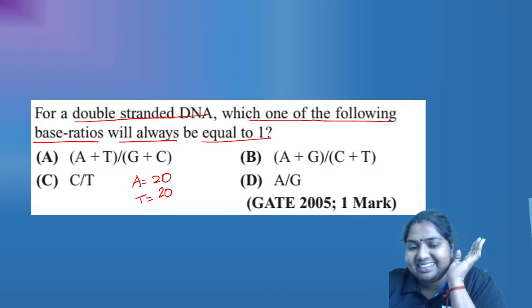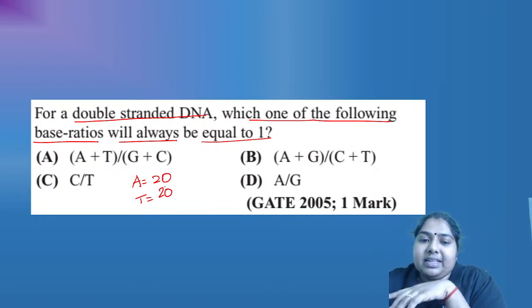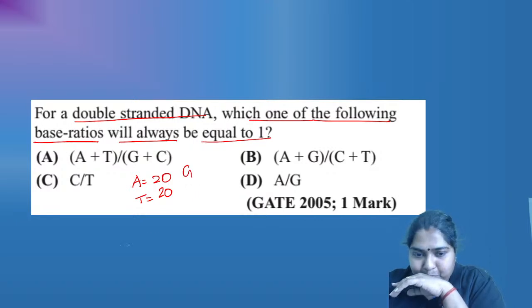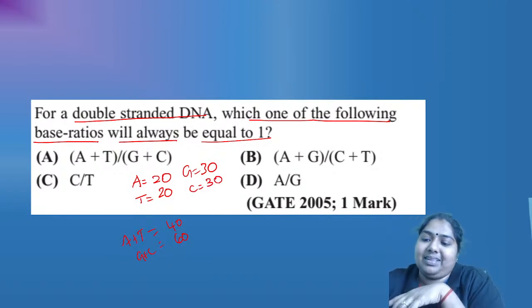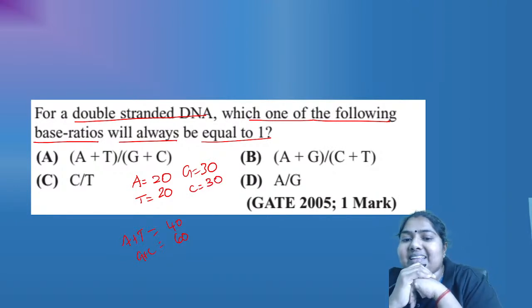Everybody agree with that? Okay. If this is so, what should be your G plus C? A plus T is 40, so G plus C should be 60. If G plus C is 60, G should be 30, C should be 30. Now tell me which formula is correct.